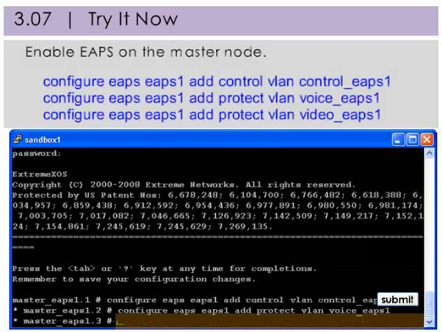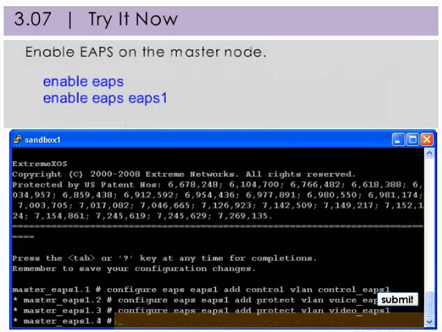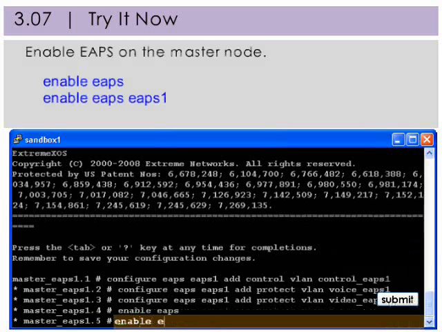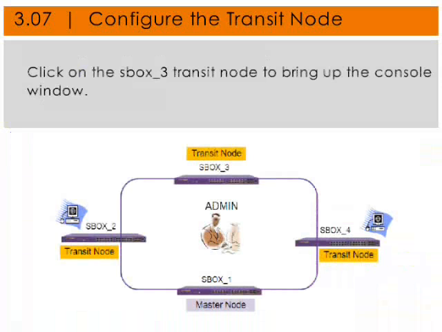Enter the command to add the protected VLAN for video traffic. Now you'll enter the commands to enable EAPS globally and then for the EAPS1 domain. We've just enabled EAPS on the master node.